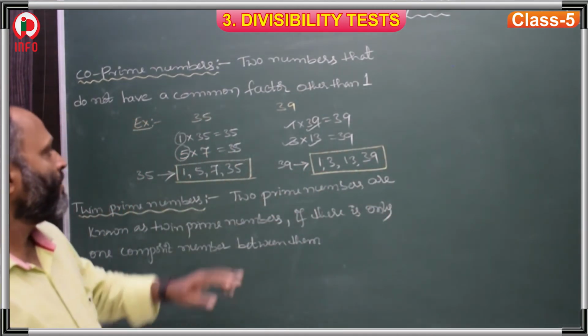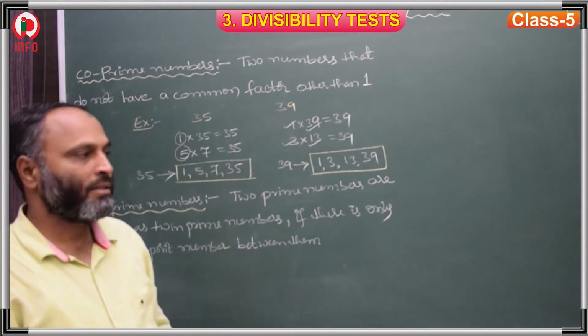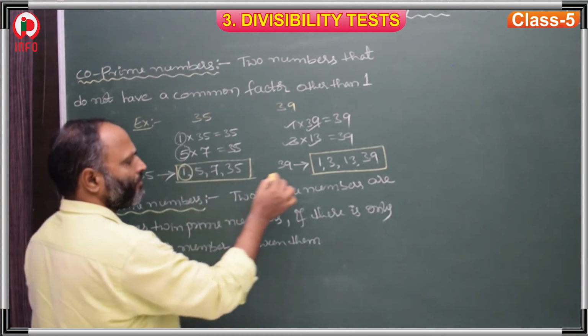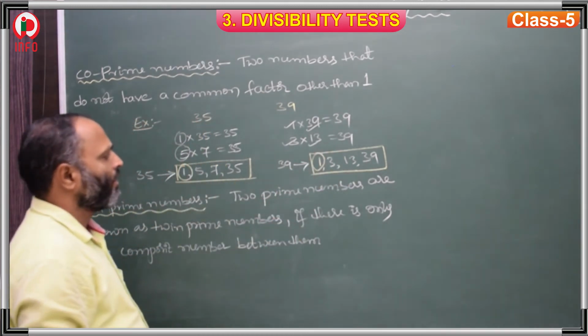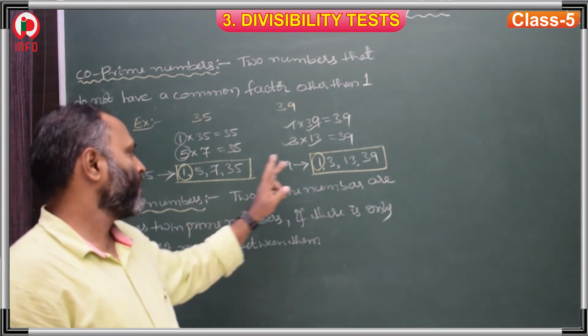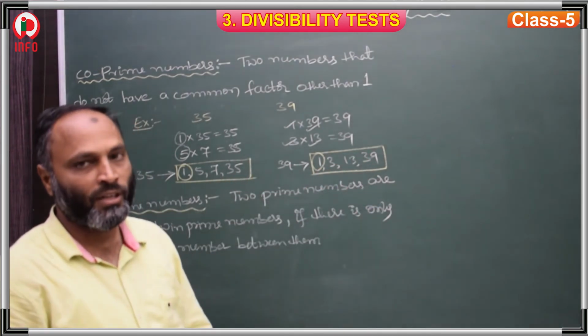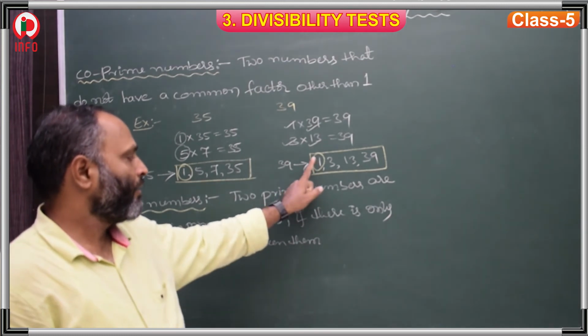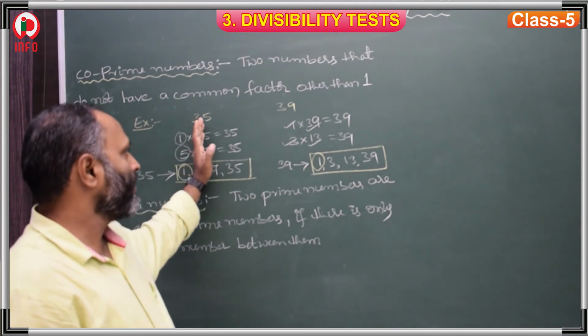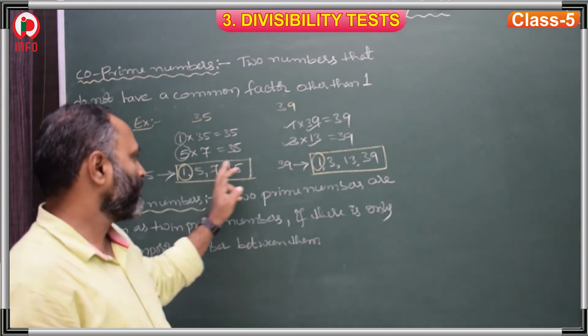If you check these two, the factors of 35 and the factors of 39, what is common between them? 1 is common. 5 is there in 35, but there is no 5 in 39. 7 is there, but no 7. 35 is there, but no 35. Only 1 is a common factor. So the common factor between 35 and 39 is only 1.